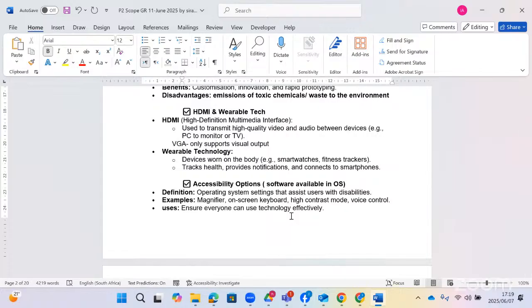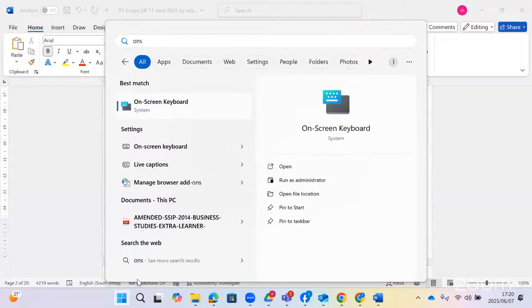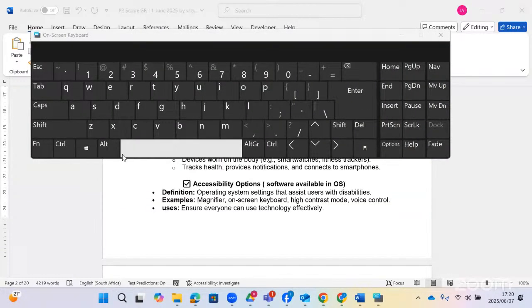For example, the magnifier, on-screen keyboard. When you use the operating system, if I search for on-screen keyboard, it gives us on-screen keyboard. It's also able to assist people with different challenges or disabilities, right? So that's the on-screen keyboard.